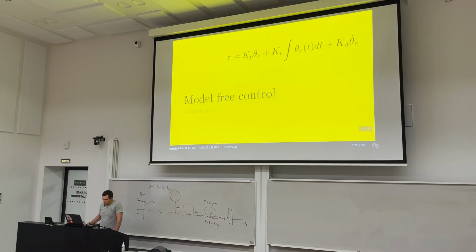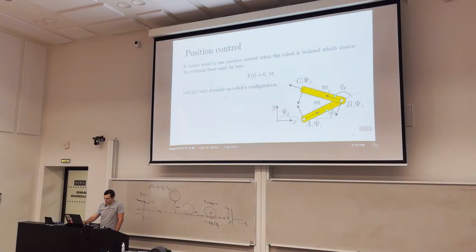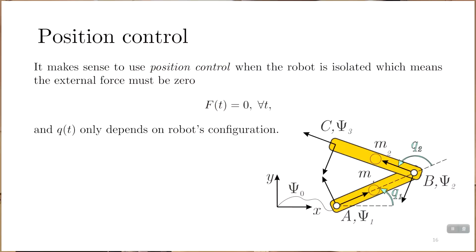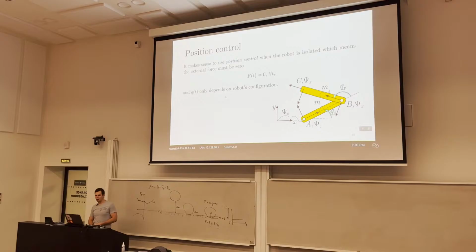Okay, so what is the idea? Let's assume that we want to do position control. Position control means that the robot is isolated and does not operate with the environment. It means that we can use this robot, for example, for welding.